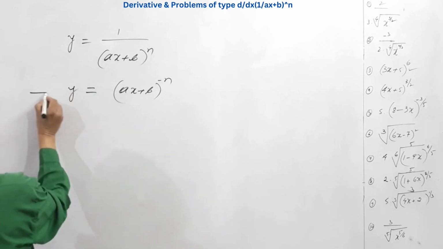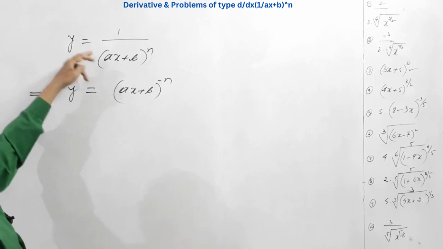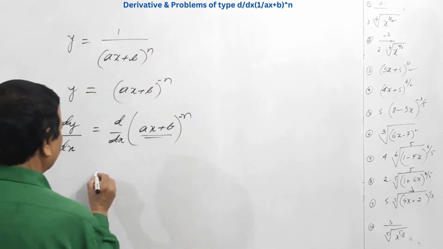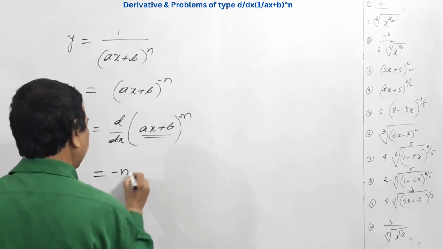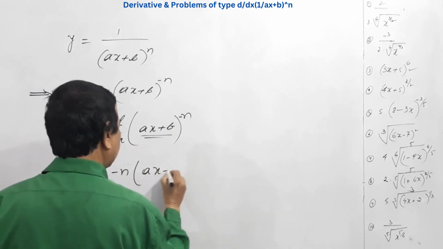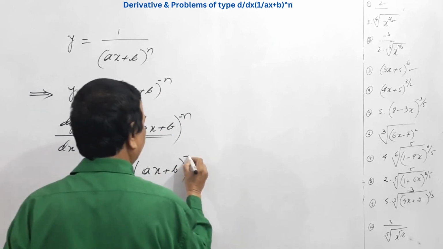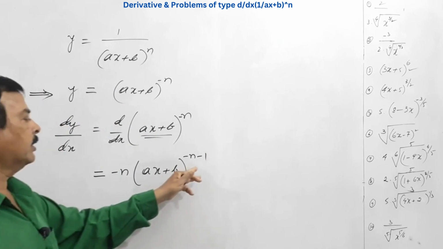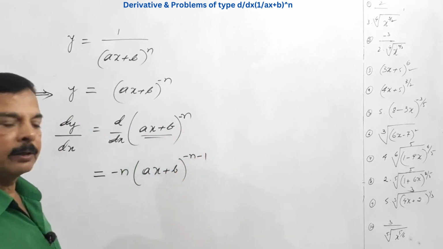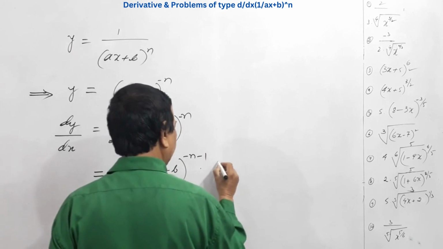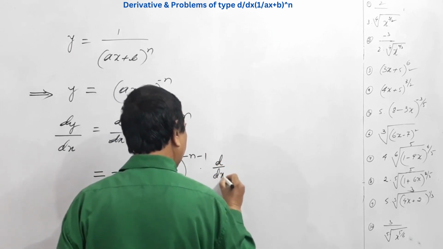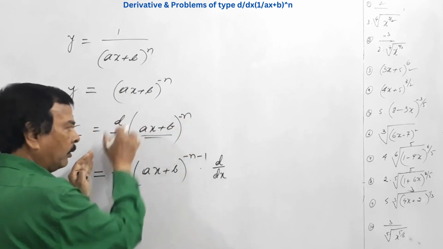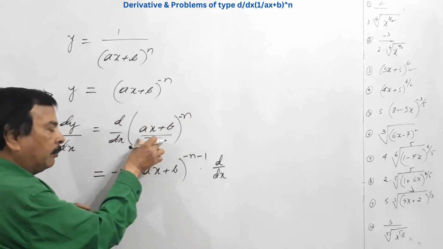So what does it imply? I have brought this to the numerator where this plus sign becomes minus sign. So this becomes minus n into ax plus b to the power of minus n minus 1. We differentiate this, so minus n minus 1, into d by dx. We have differentiated the whole, now we have to differentiate the inner portion.